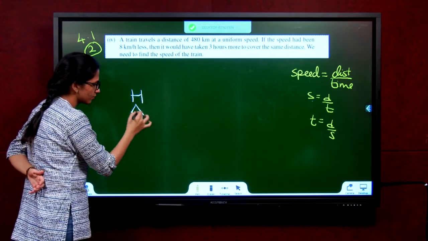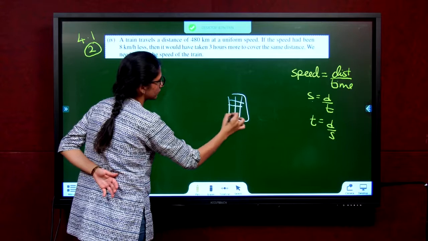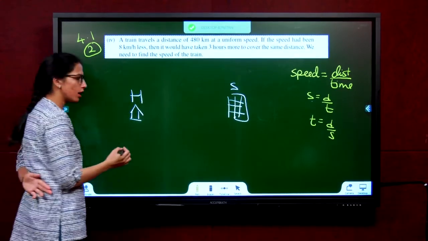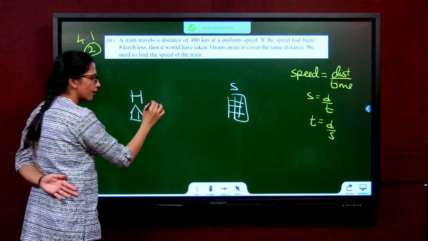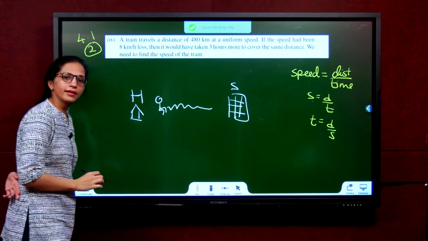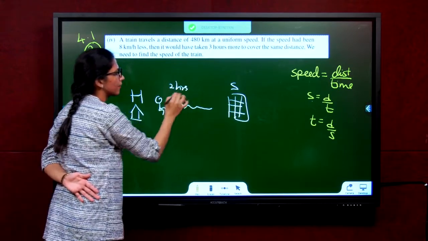You are at your house and you have to go to your school. Now let us say you are running and going to school. Let us say you take 2 hours.